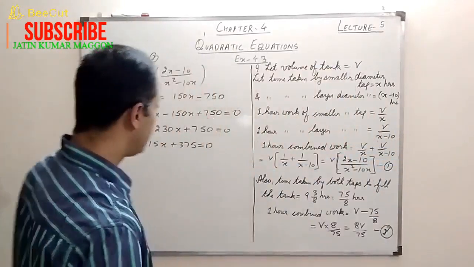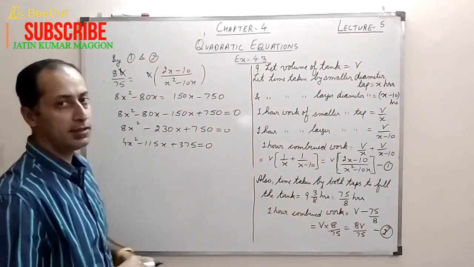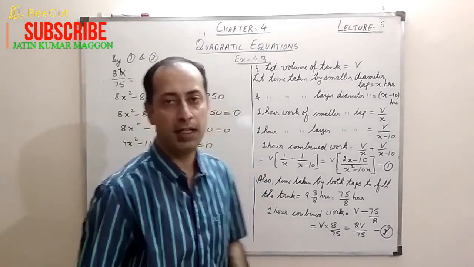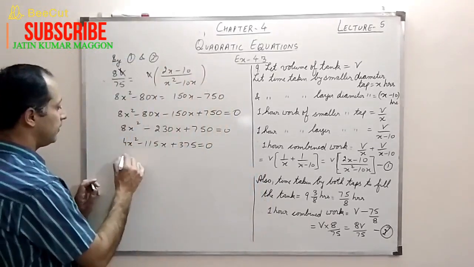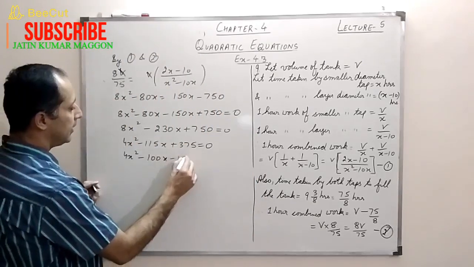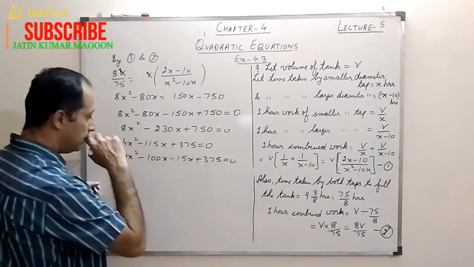So what I am doing, I am just applying splitting the middle term. The product is 1500 and the sum is −115. I get the two numbers. So I write it as 4x² − 100x − 15x + 375 = 0.